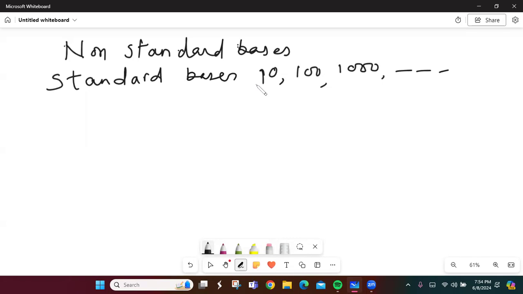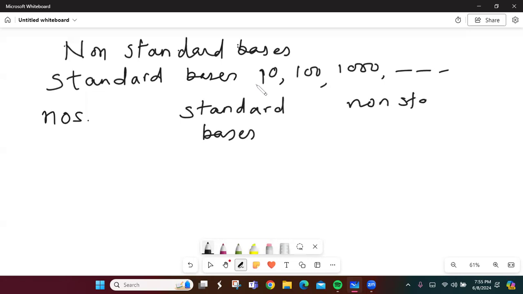So to make the concept of non-standard basis clear, let us consider certain numbers where corresponding standard basis and the non-standard basis that we can consider. So first let us consider the number, say 22.